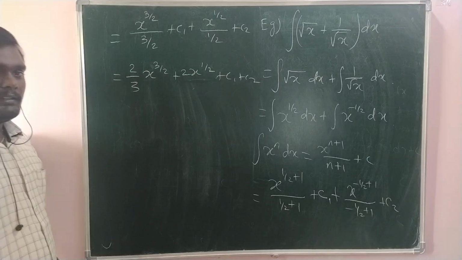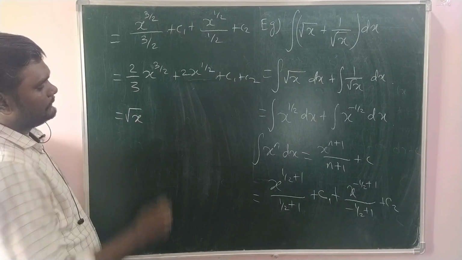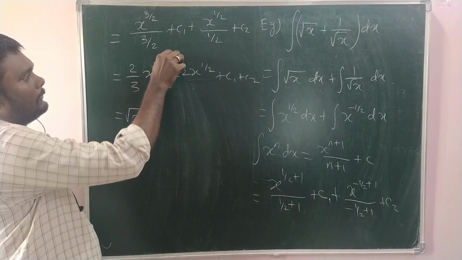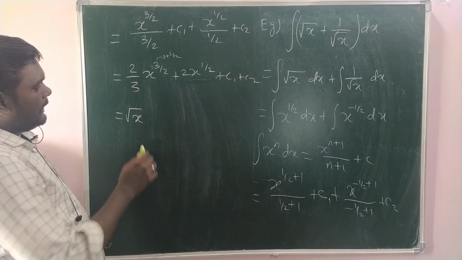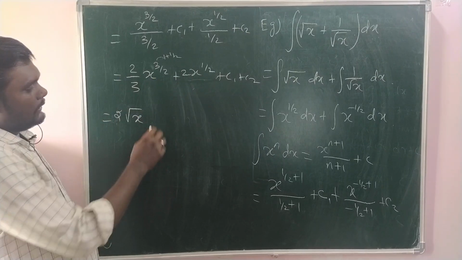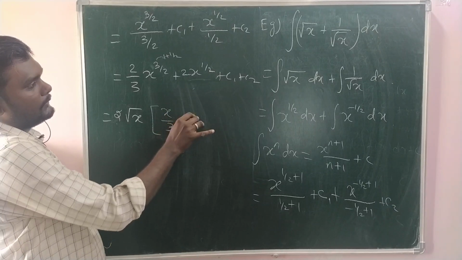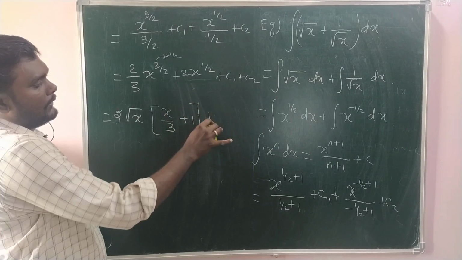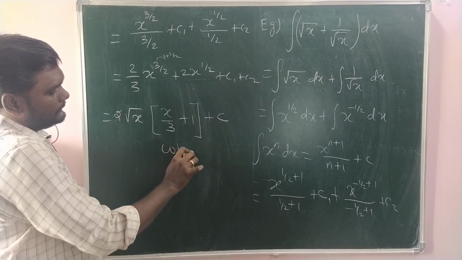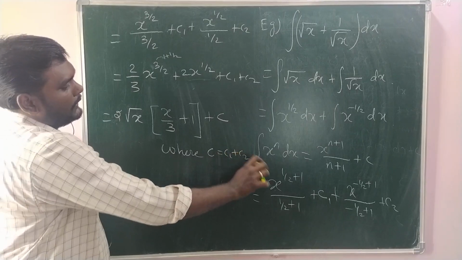For these two terms, is any simplification possible? We will take root x as common, because this is x power 1 plus 1 by 2. So when we take 2 root x as common, because the 2 is also the same, we may have x by 3 plus 1 plus a common c, where c is equal to c1 plus c2.